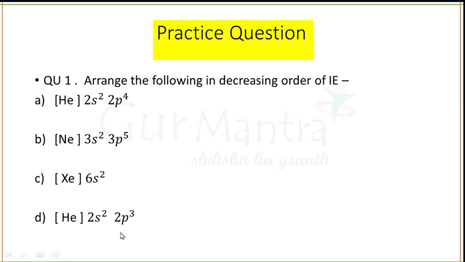Here you should also see the periodic trend, which means along the period ionization enthalpy increases and along the group ionization enthalpy decreases, due to the Z effective value.